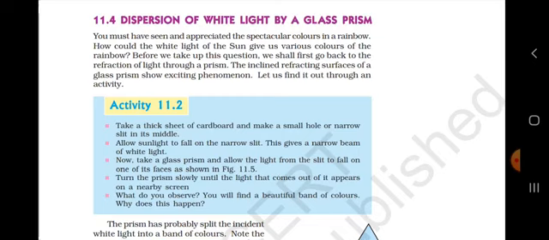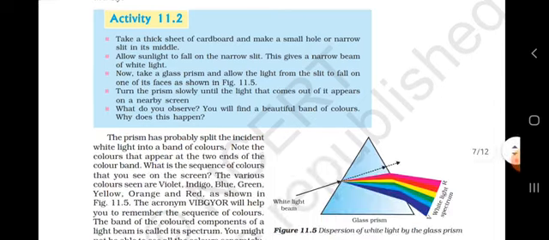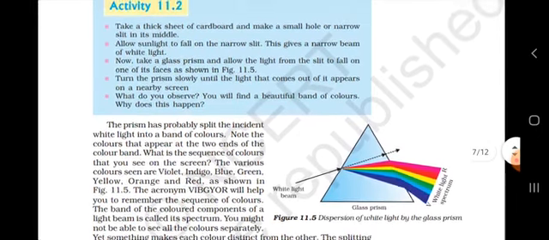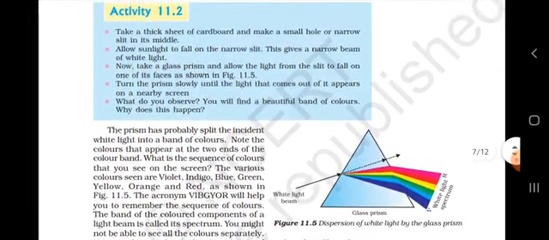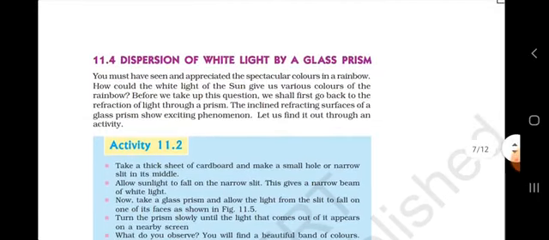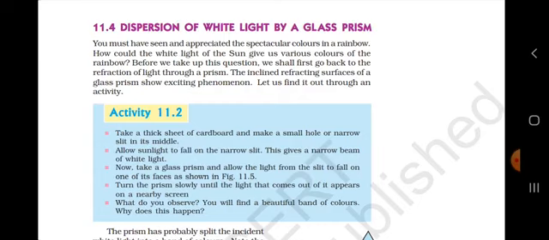We can also make this rainbow artificially by using a glass prism. Whenever white light is incident on a glass prism, you can find that a 7 color band is obtained. Okay, so let us read this.